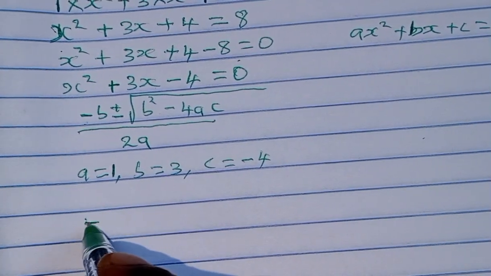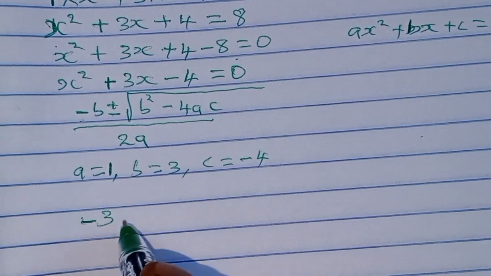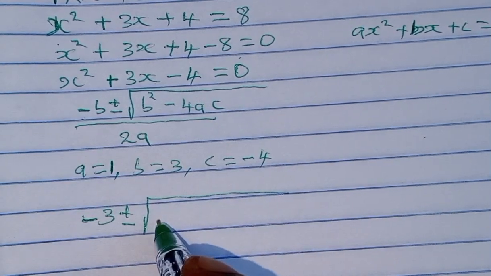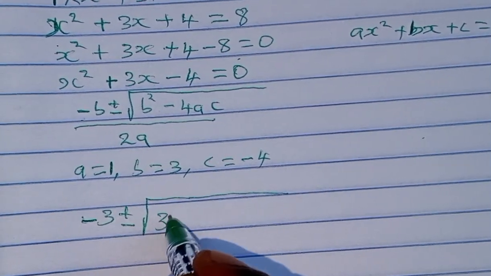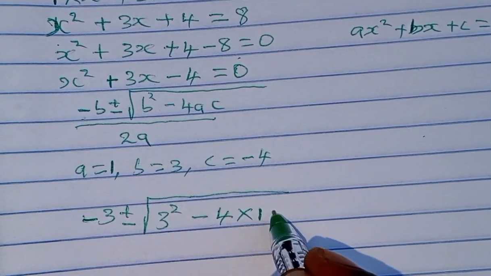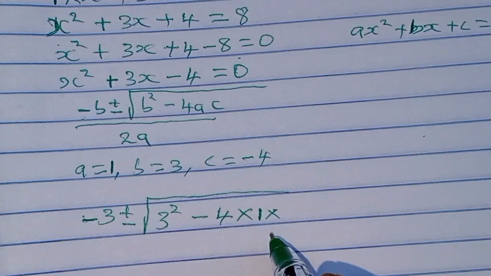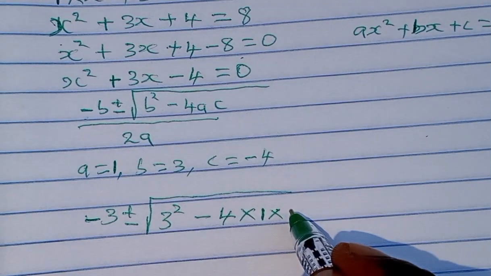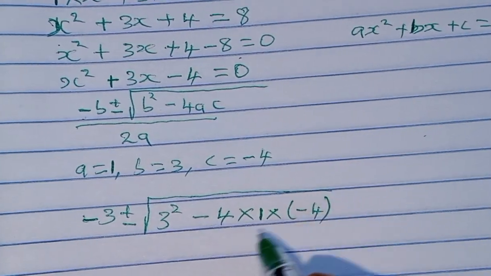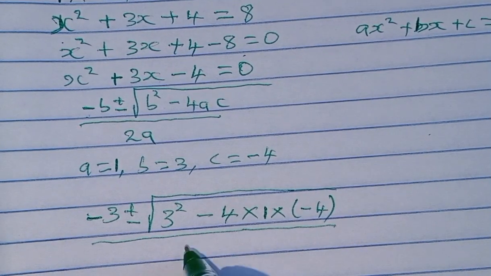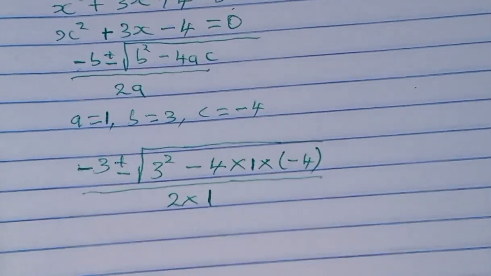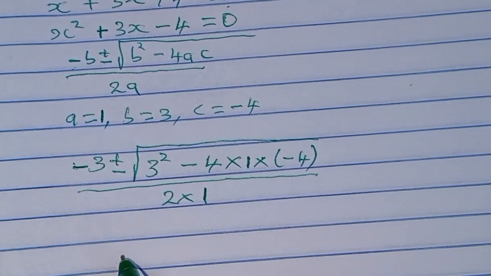So minus b, which is 3, positive negative square root of b, which is 3 squared, minus 4 times our a, which is 1, multiplied by our c, which is minus 4, all over 2 times 1.